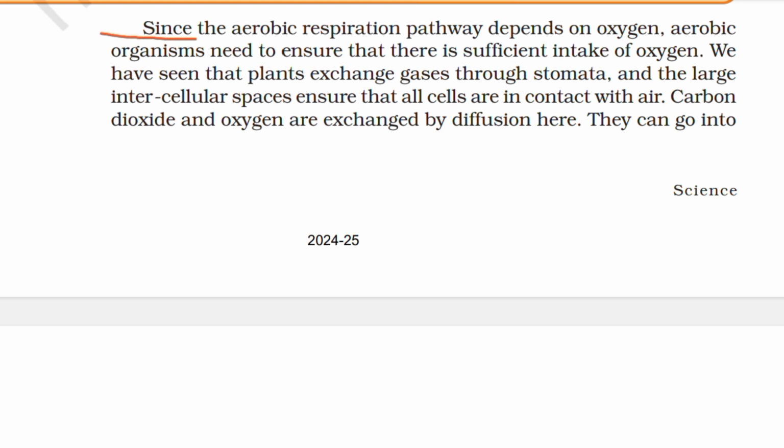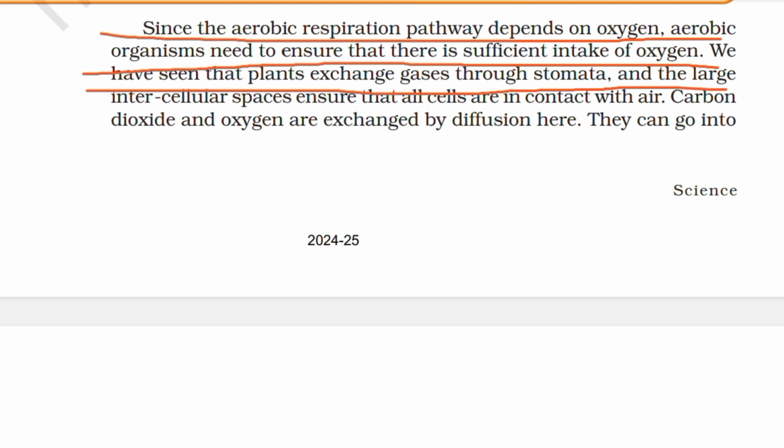Since the aerobic respiration pathway depends on oxygen, aerobic organisms need to ensure that there is sufficient intake of oxygen. We have seen that plants exchange gases through stomata and the large intercellular spaces ensure that all cells are in contact with air.